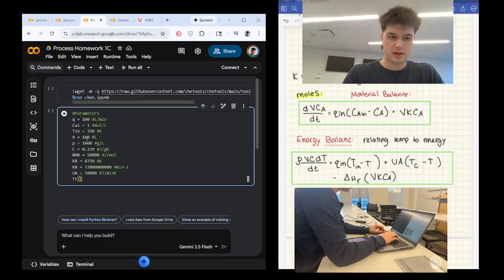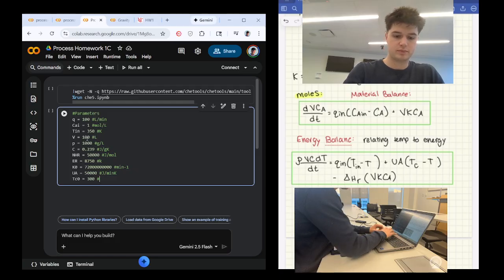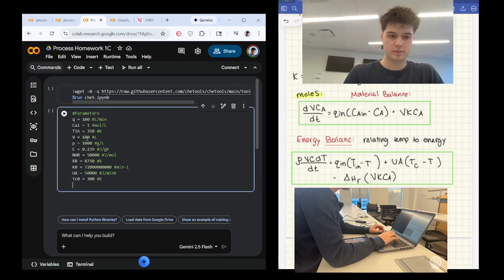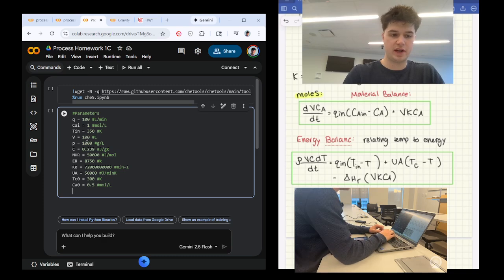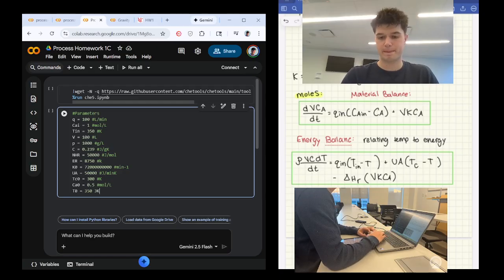TC naught is equal to 300 Kelvin. CA naught is 0.5 moles per liter. And our final one, after all this work, T naught is equal to 350 degrees Kelvin.